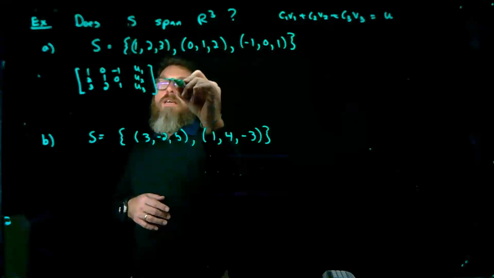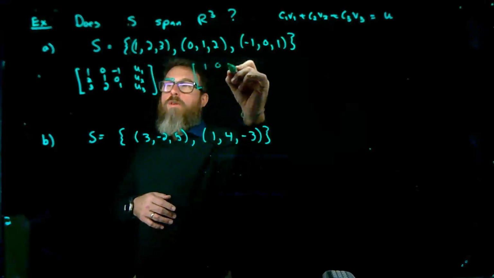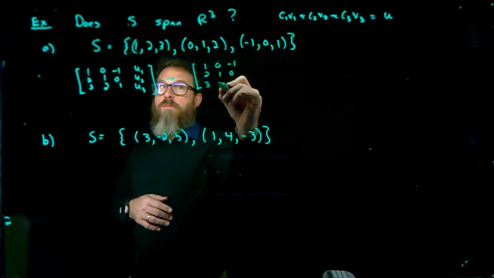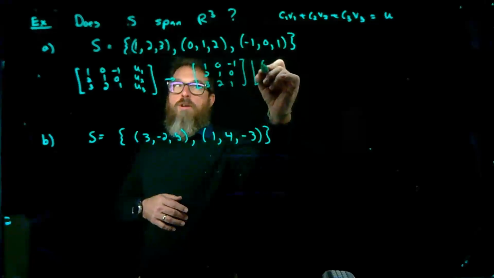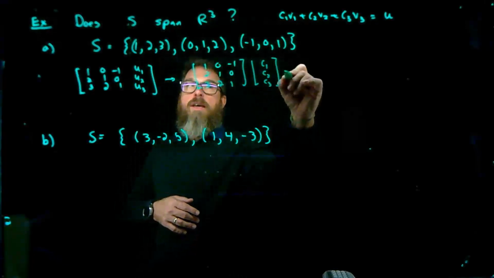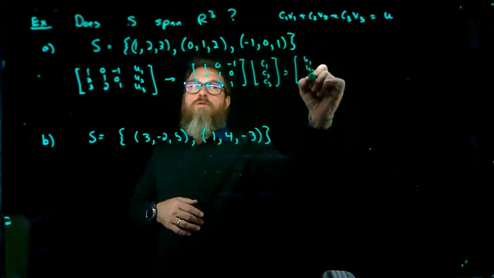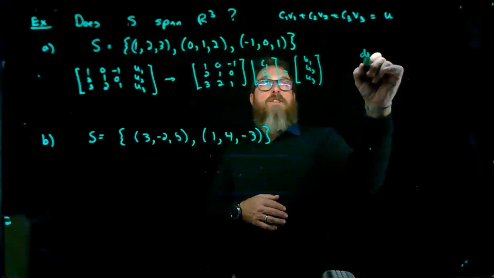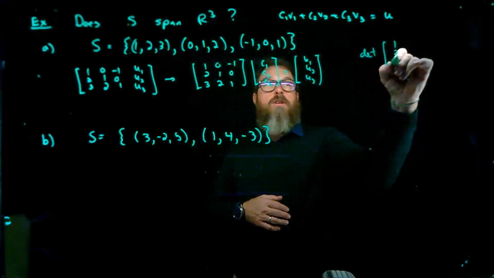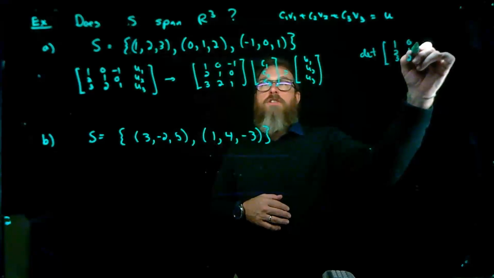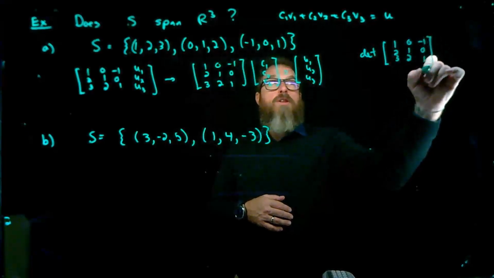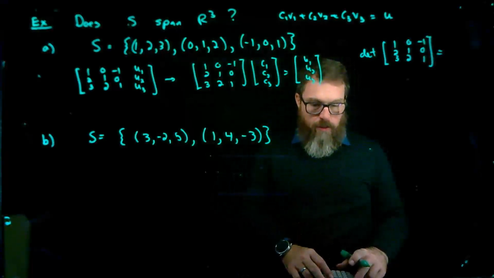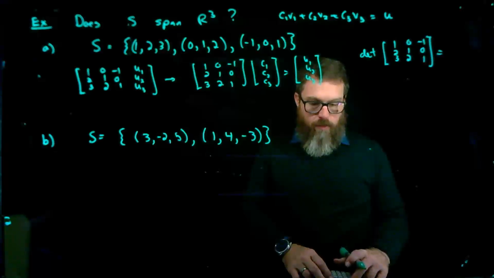When I write this in matrix multiplication form, it identifies your A matrix, your coefficient matrix built by these vectors, times your general C1, C2, C3, equal to U1, U2, U3. The only thing I have to do is check the determinant of this matrix. If this determinant is not 0, then we know it spans. But in this case, when I find its determinant, it's going to be equal to 0.